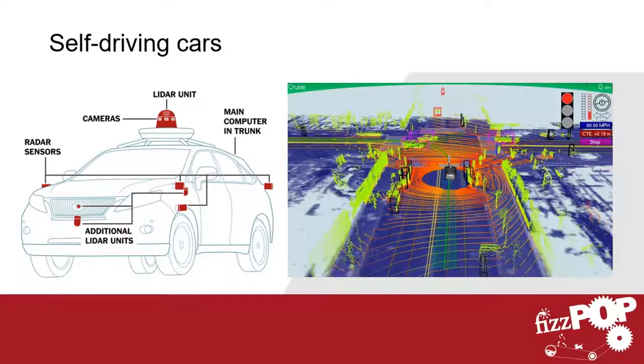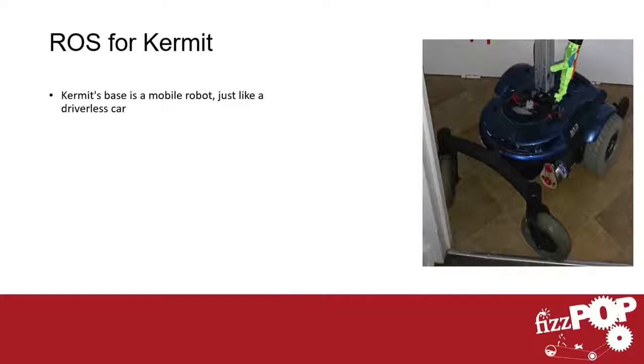This is pretty much the same as what self-driving cars would do. It scans all the area around it and plans a path around it. So essentially, the first thing we'll be using ROS for with Kermit is to move the base around the same way you would move a car.